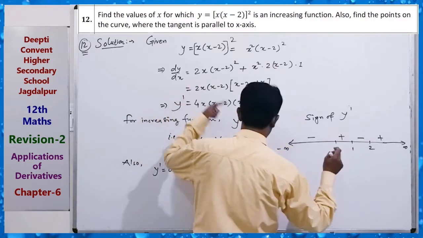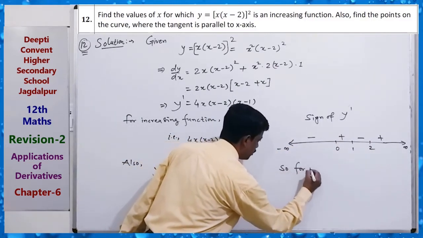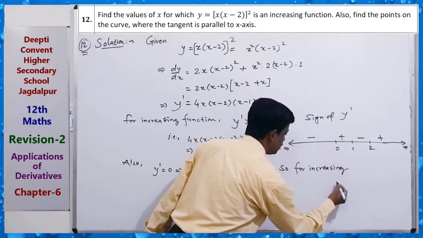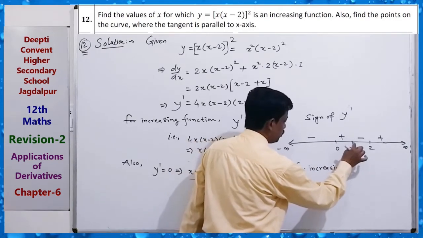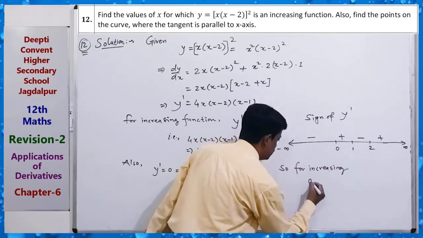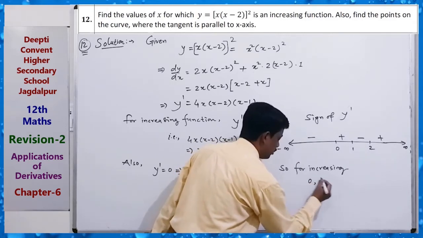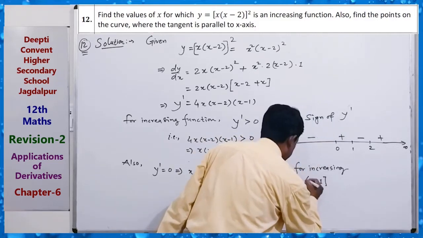For increasing, the interval will be what? 0 to 1. Complete 1 you can take.